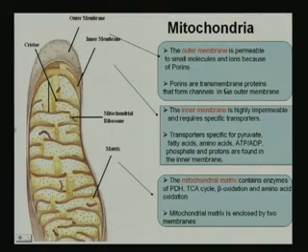Porins are transmembrane proteins that form channels in the outer membrane of the mitochondria. The inner mitochondrial membrane is highly impermeable and requires specific transporters.